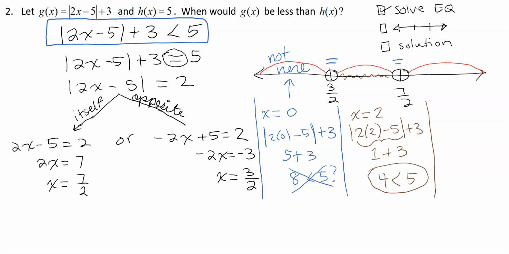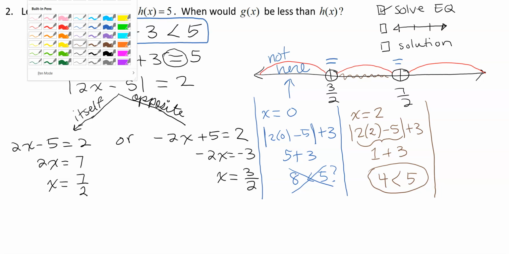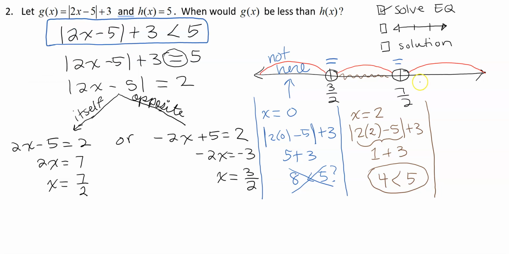Now we are going to pick a value to the right of 7/2. So let's pick x equals 8/2, that would be 4, right? And so we will have the absolute value of 2 times 4 minus 5, plus 3.